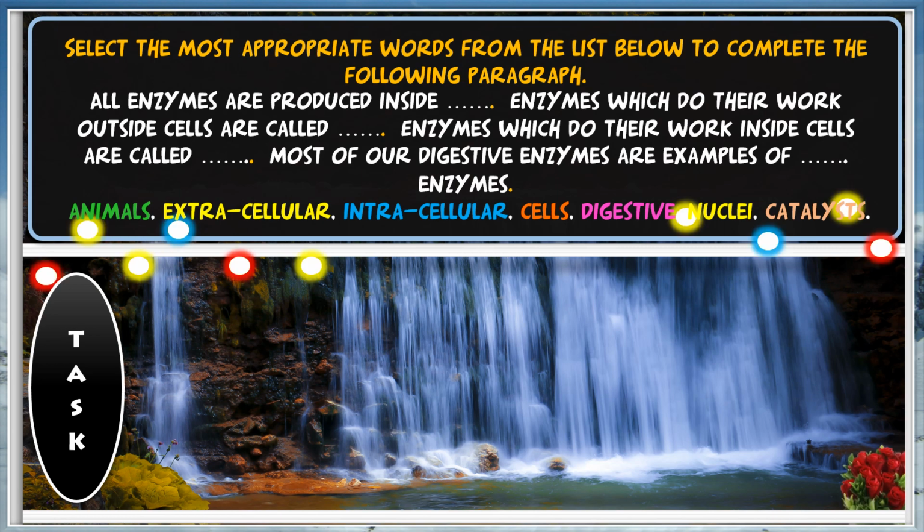Most of our digestive enzymes are examples of dash enzymes. The words to select from: animals, extracellular, intracellular, cells, digestive, nuclei, catalysts.